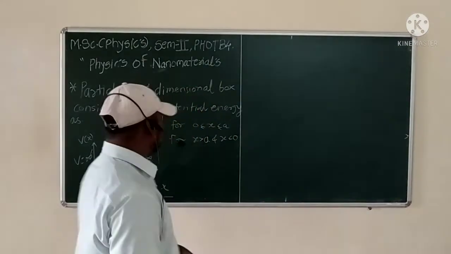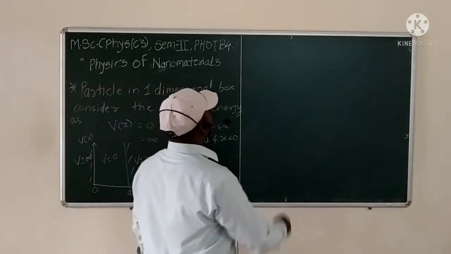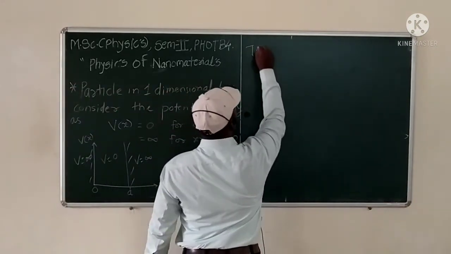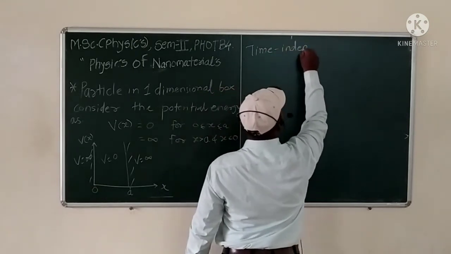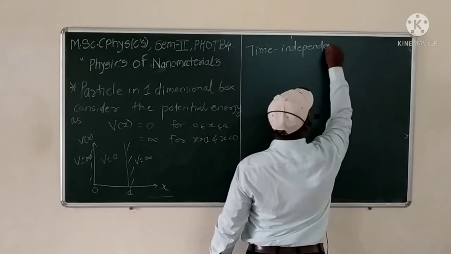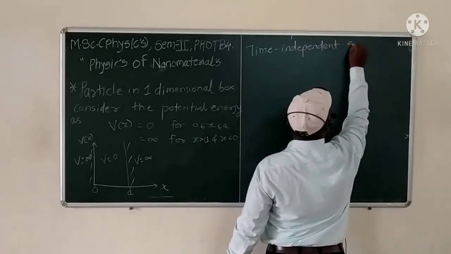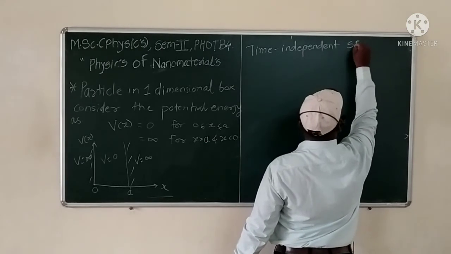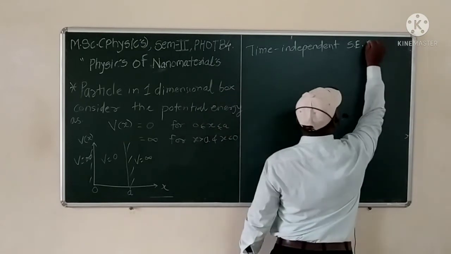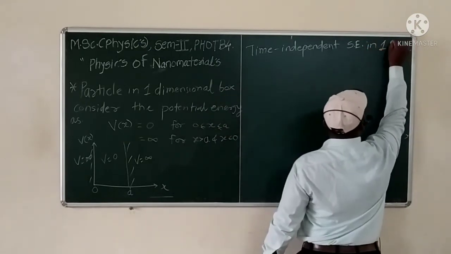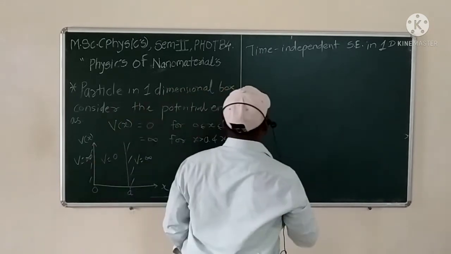Okay, to get the different energy states for this condition, we use the time independent Schrodinger equation in one dimension, that is in 1D, because we are saying particle in a one dimensional box.